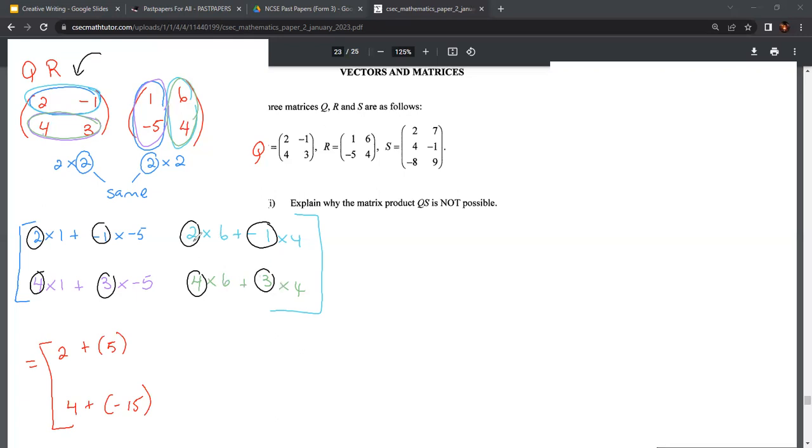Then 6 twos are 12 plus -1 times 4, that will be -4. 6 fours are 24 plus 4 threes are 12.